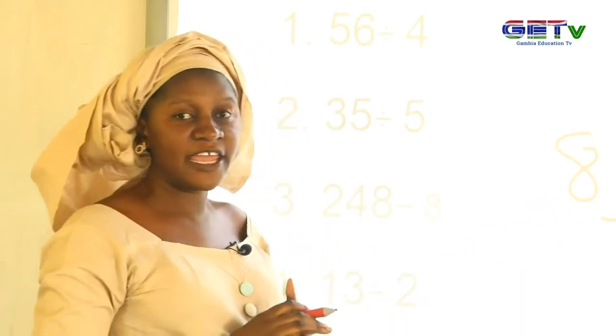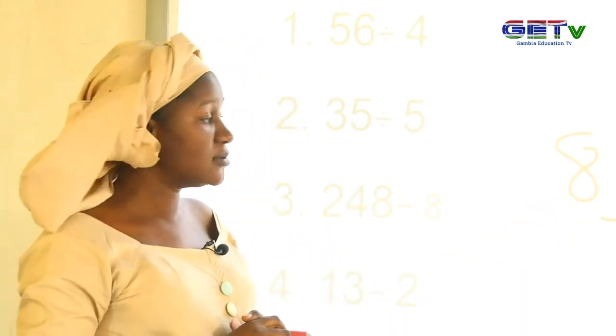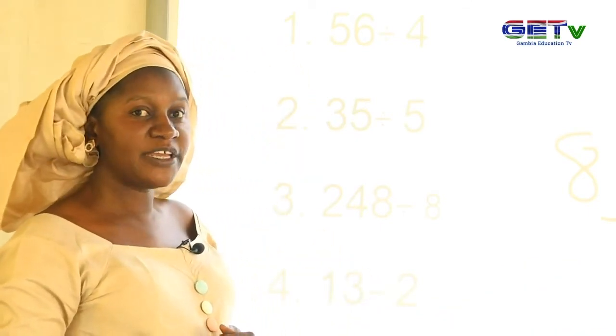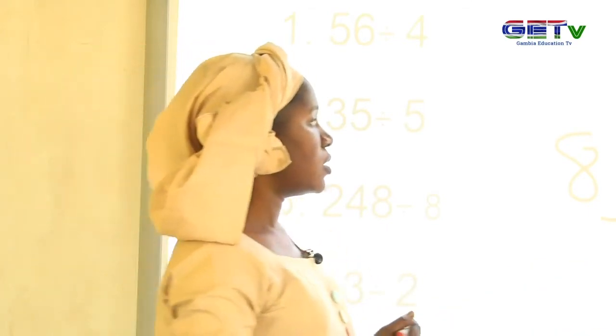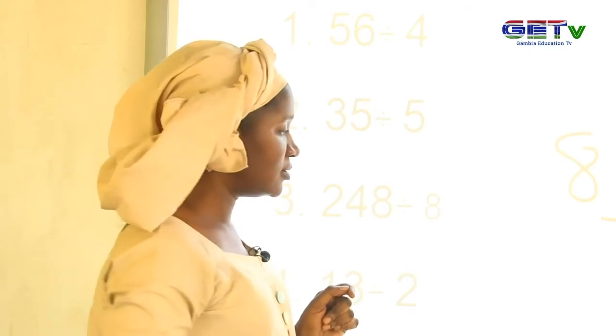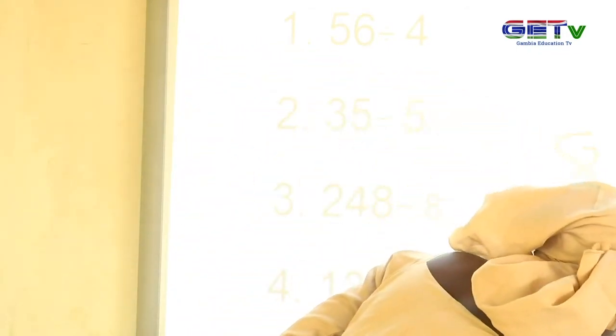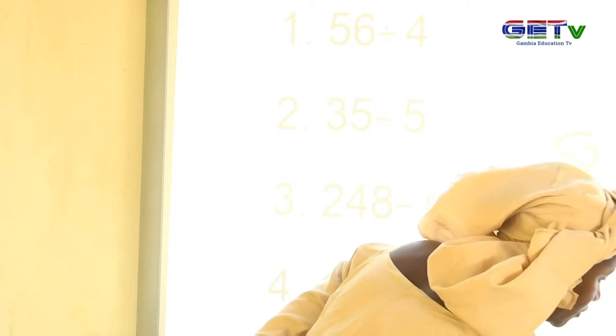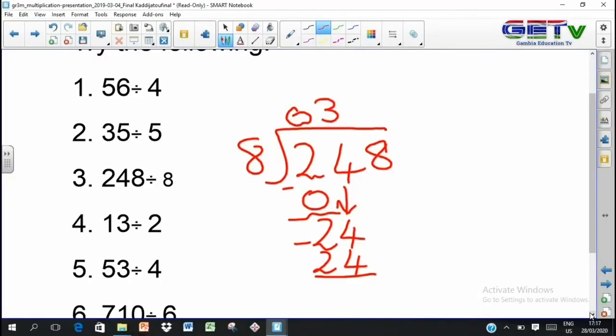24 divided by 8. That means how many 8s are in 24? And that is 3. 3 times 8 is 24. 24 minus 24 is 0.